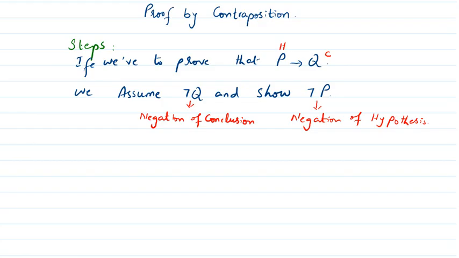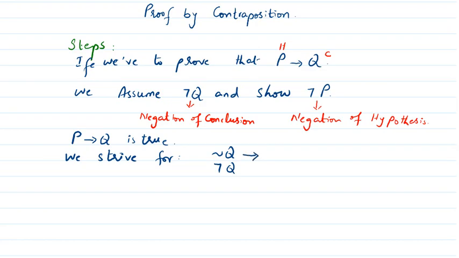So the claim here, if I write it symbolically, is that if we have to prove that P implies Q is true, the approach we follow is not of Q implies not of P. In other words, P implies Q is equivalent to not of Q implies not of P. So it is an alternate method of proof.